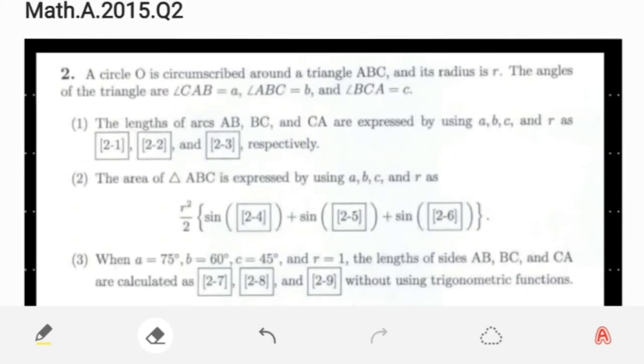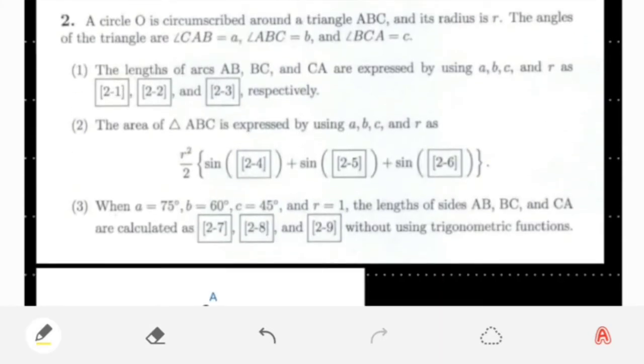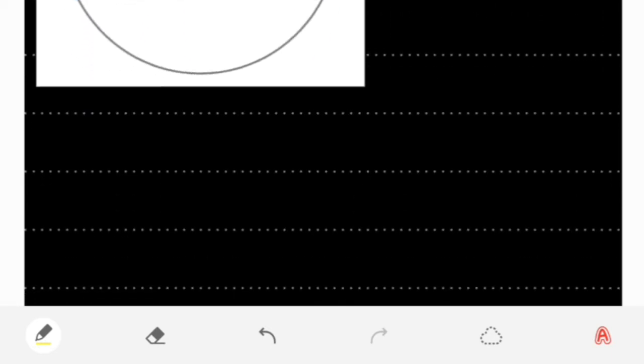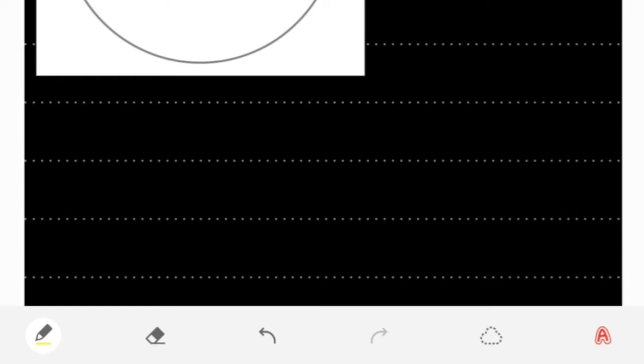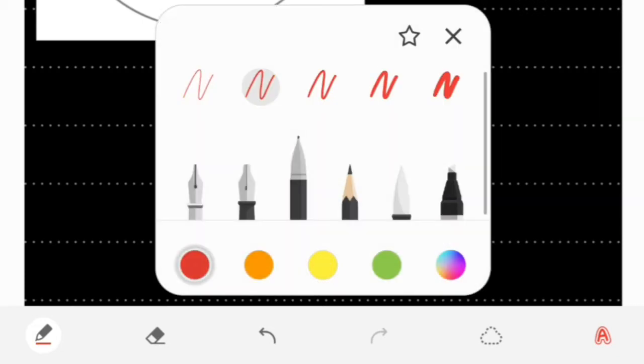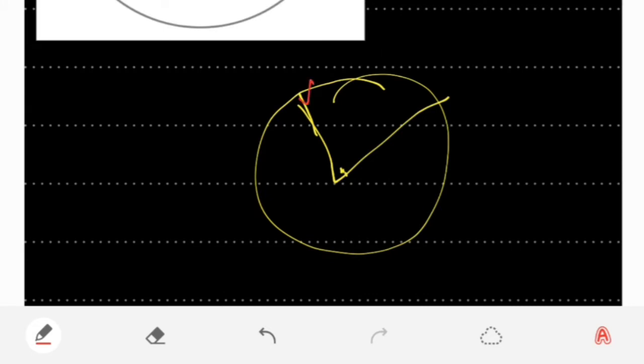Now look, I think you already read the question and you are trying to find the answer. Maybe you got stuck. Now the things that you are going to use in this question. Number one: if you have the center and you have an angle over here, it is looking to this red arc, right?